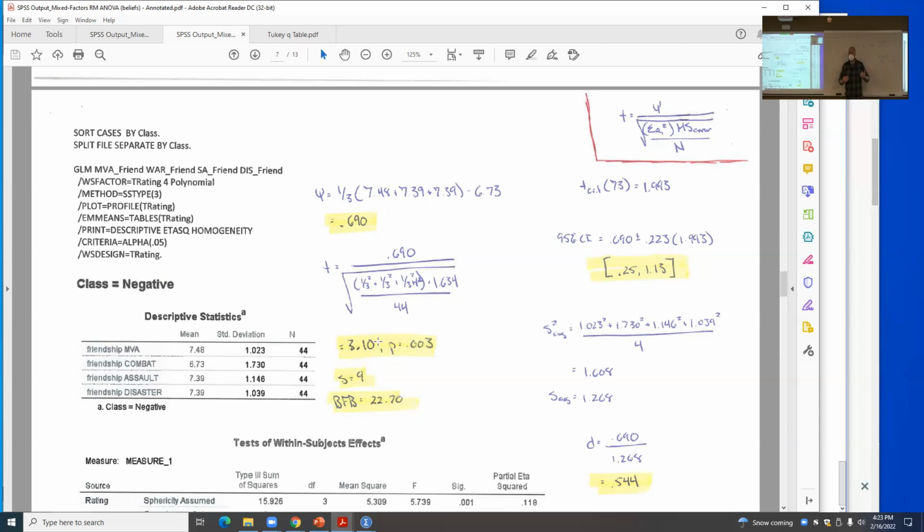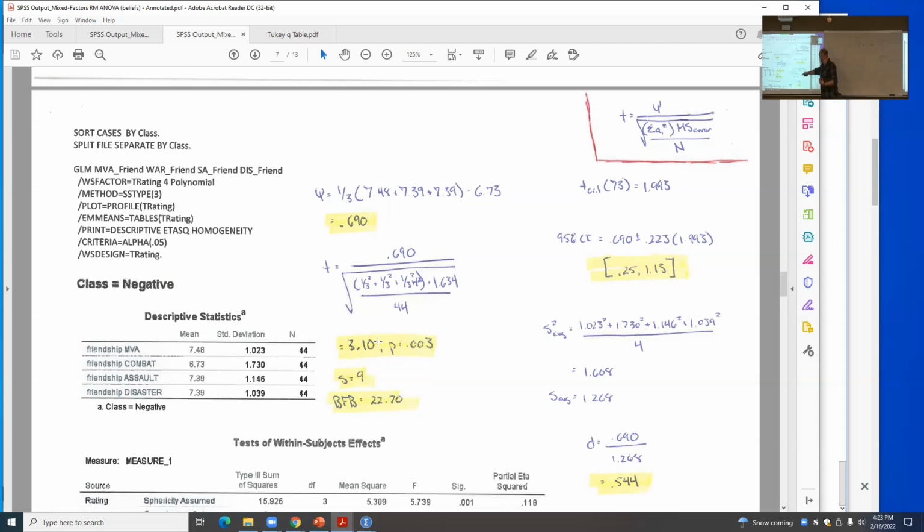I would take a look at this and say the data supported values for the true difference in vignette ratings for combat versus the combination of assault and disaster are anywhere from about a quarter of a point to a little over a full point difference on this scale. So my best guess is about 0.69, right? But my data would support any of the values in that range, and I would say, okay, that would be acceptable, right?